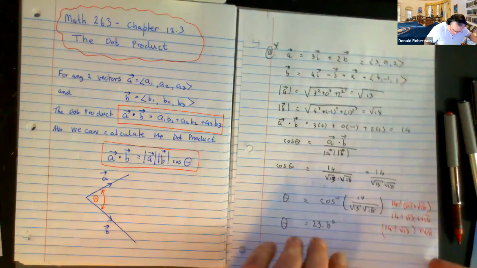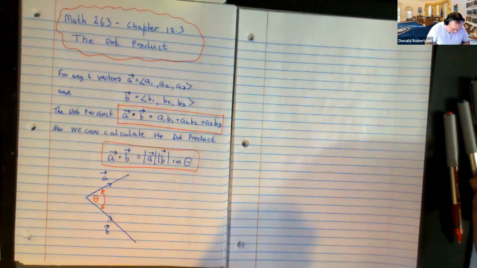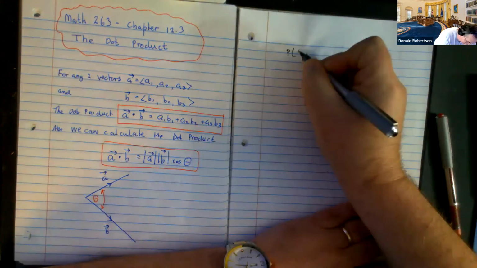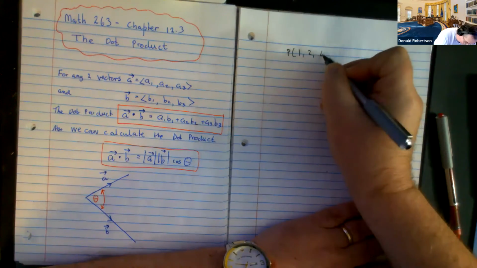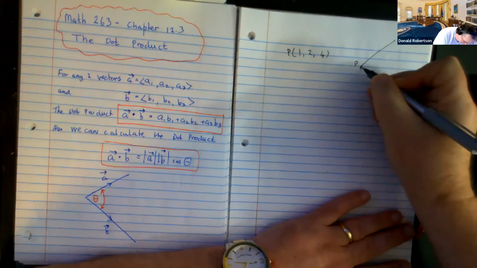So let's add some problems to it. I'm going to give you a triangle in 3D space. And I'm making no attempt to draw this accurately, it's just a placeholder.